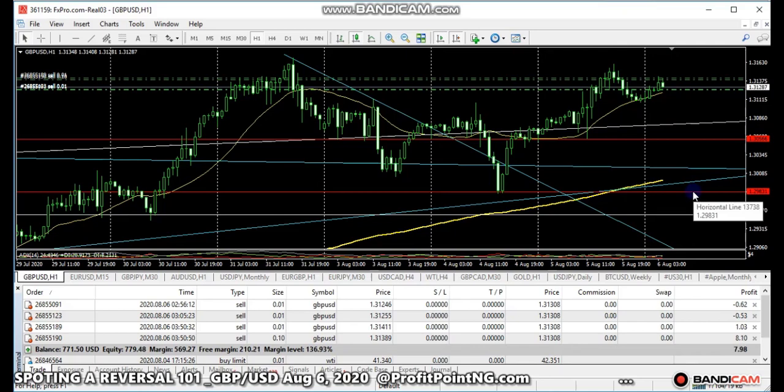Now, if you're taking profit at this point, it coincides with this trend line here. Or at this point, it might encounter the 200 EMA as support.